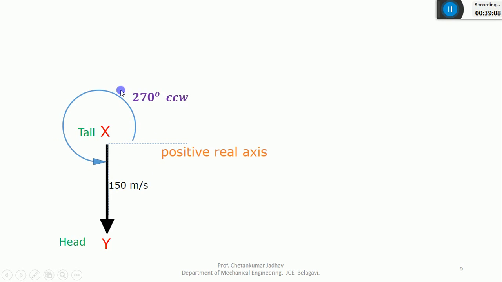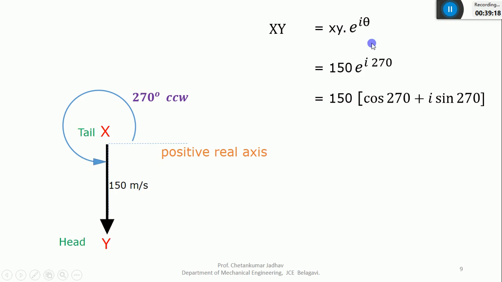You got the answer? Okay. So I got the answer with respect to the positive real axis, the counterclockwise. The conditions are satisfied. So I'll take this as the angle. So in the theta, I'll write 270. In the xy, I'll write the distance, that is 150. And e raised to I theta is nothing but cos theta plus I sin theta.